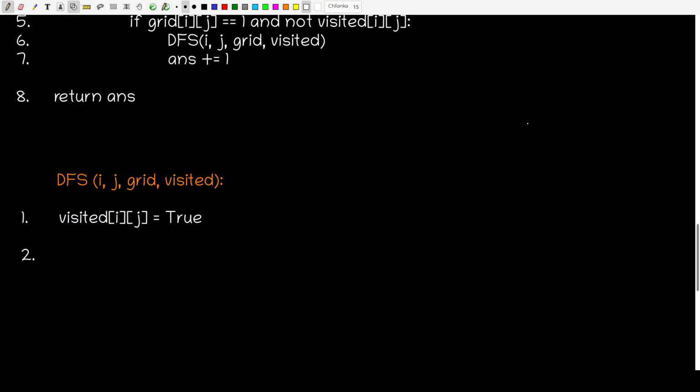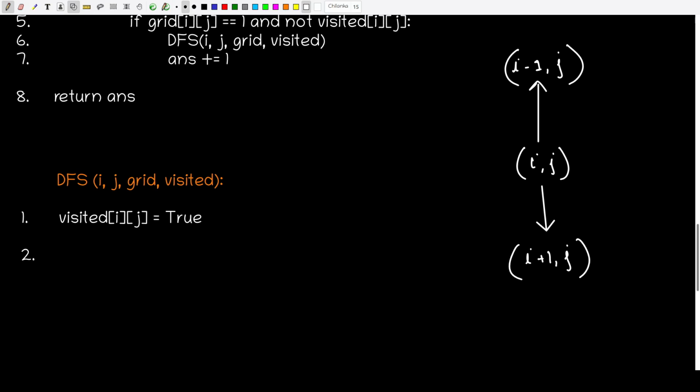So let us understand this. Let us say this is my i, j and we want to explore the 8 directions. If we want to go up, then this coordinate will be equal to i minus 1, j. Similarly, if we want to go down, then this coordinate will be equal to i plus 1, j. In the same way, if we want to go towards right, then the coordinate will be equal to i, j plus 1. Towards left, the coordinate will be i, j minus 1.